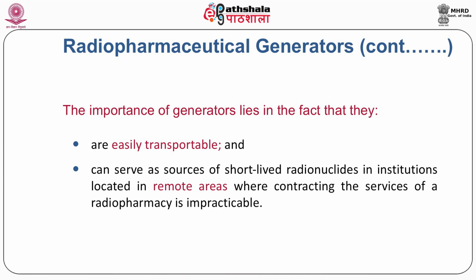What does it mean? We don't transport the radiopharmaceutical itself, but we give the radionuclide generator to that particular hospital, where the purpose is to elute the technetium produced from molybdenum, and finally tag it with different kinds of compounds to make a radiopharmaceutical, and then use this radiopharmaceutical to diagnose disease or for treatment purposes.